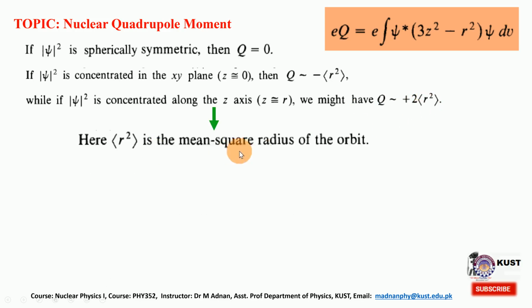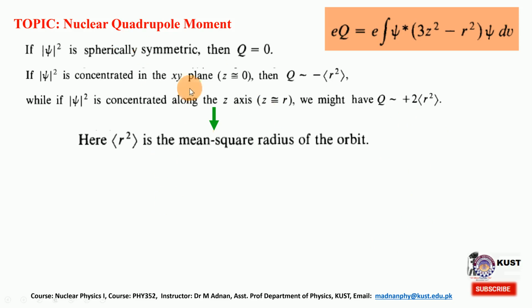This r is the mean square radius of the orbits in which the nucleons, or the protons, are orbiting. The details can be understood once we complete the nuclear shell model, and then we will use this effectively to see how quadrupole moments and magnetic moments are helpful in discussing the various aspects of the nucleons inside the nucleus.